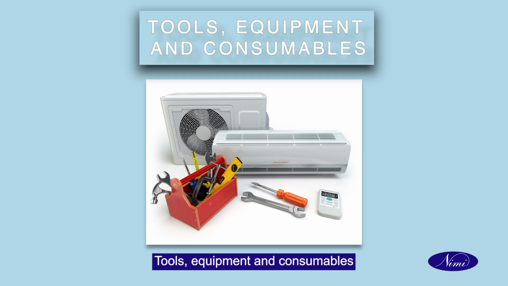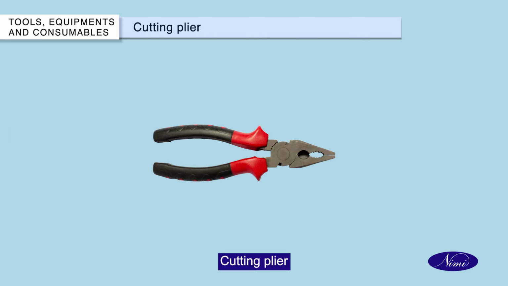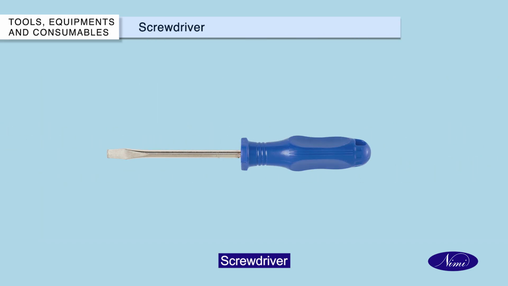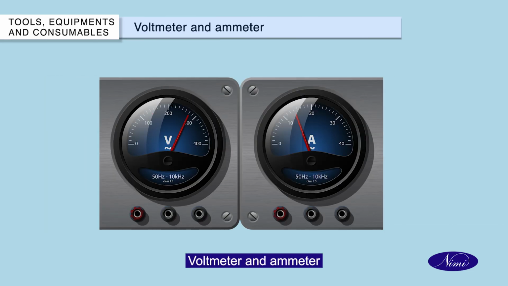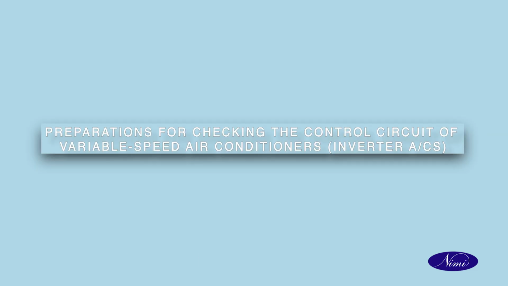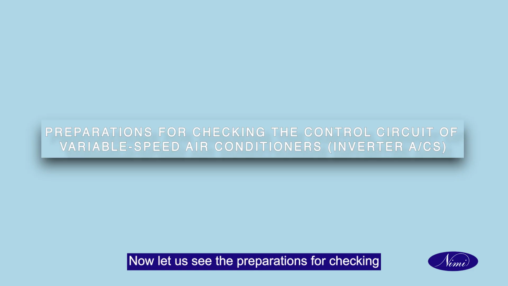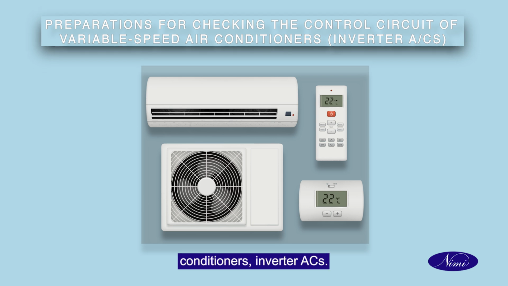Tools, equipment, and consumables: trainees tools kit, clamp meter, cutting plier, screwdriver, test lamp, voltmeter and ammeter, knife, inverter AC 1.5 ton. Now, let us see the preparations for checking the control circuit of variable speed air conditioners, inverter ACs.